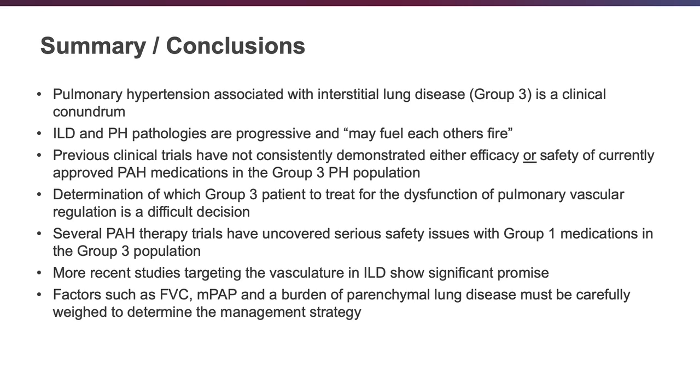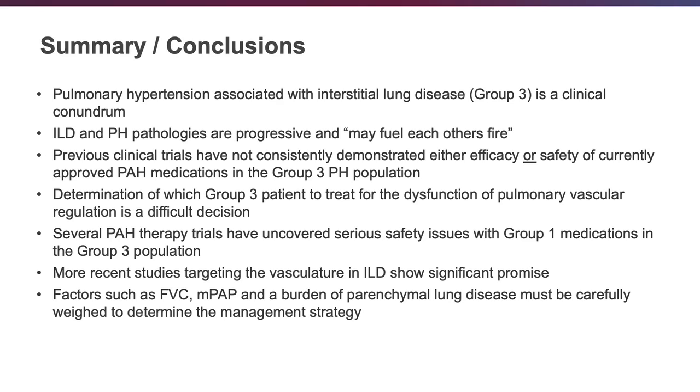Determination of which group 3 patient to treat for the dysfunction of pulmonary vascular regulation is a difficult decision. Several PAH therapy studies have uncovered serious safety issues with group 1 medications in the group 3 population, vis-a-vis the RISE-IIP study and riociguat.